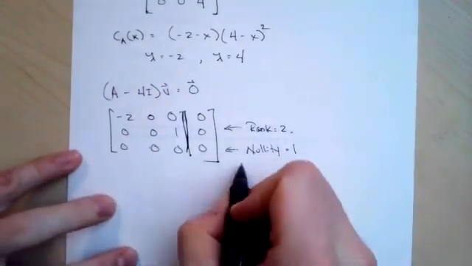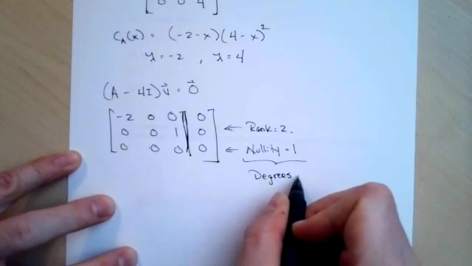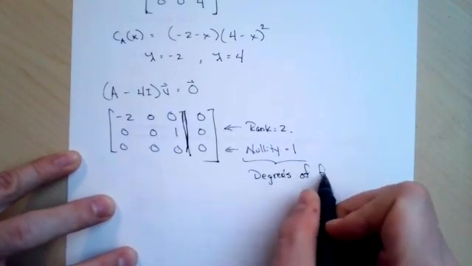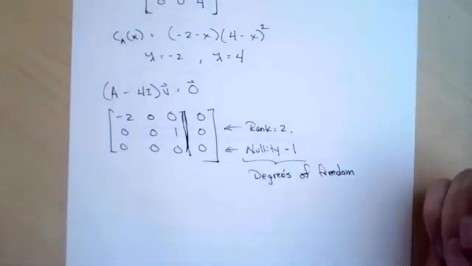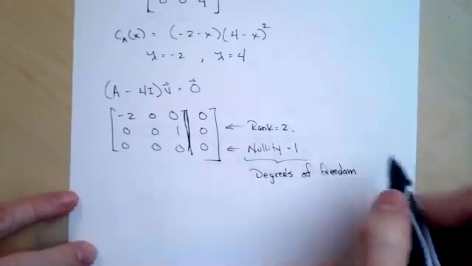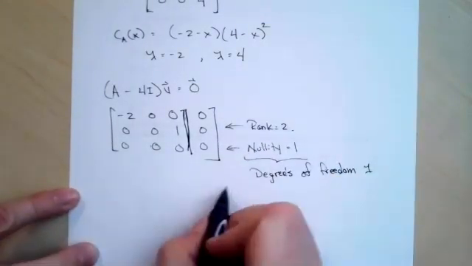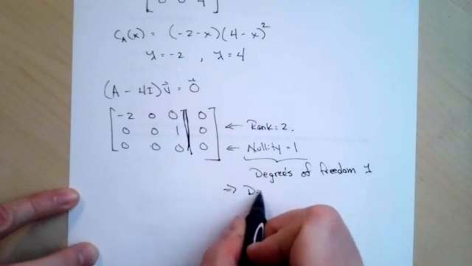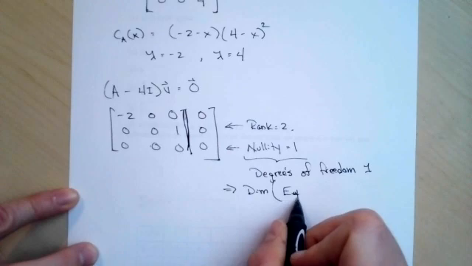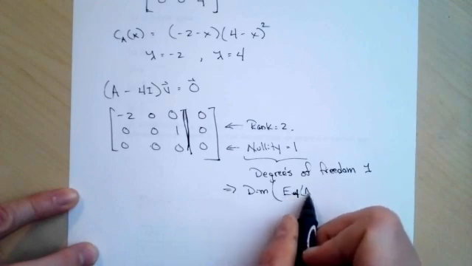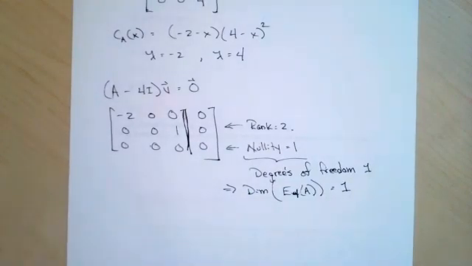In other words, the degrees of freedom: if we were to solve this as a system of equations and use a parameter, we only have one free parameter. This implies that the dimension of the eigenspace corresponding to 4 is just 1, since we only have that one free parameter.